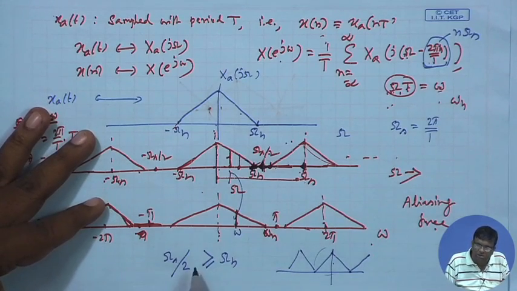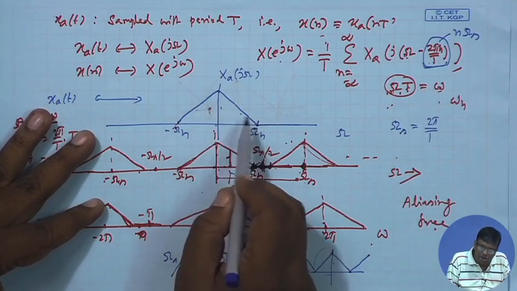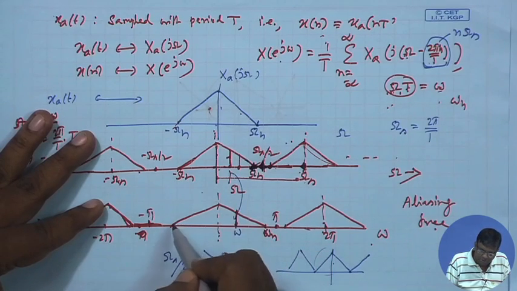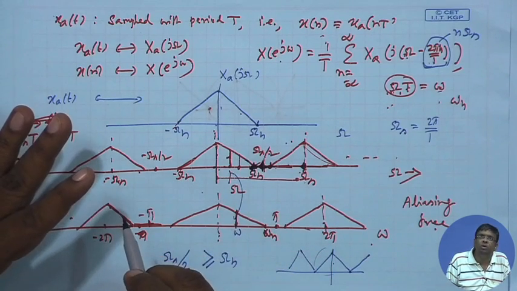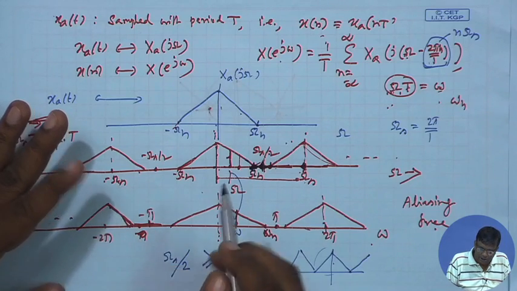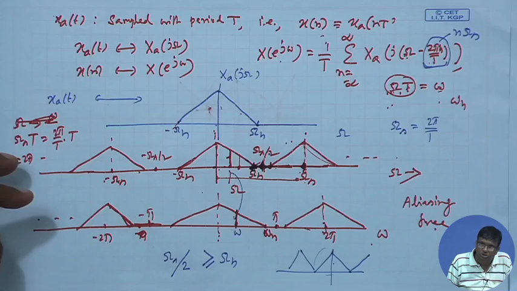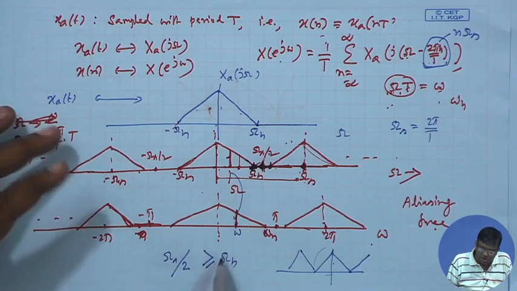So, if this happens, then we can recover the original Fourier transform from here, and get back the original function. So, this condition should be satisfied. This is called the Nyquist condition, Nyquist sampling rate condition or Nyquist theorem.